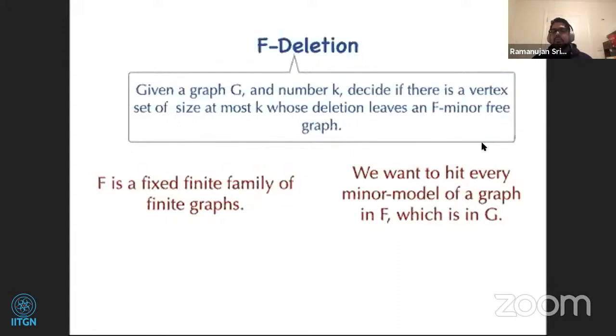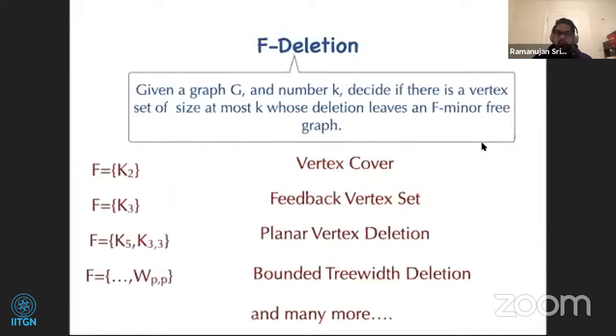In the F deletion problem, you're given an undirected graph G and a number k, and the question is: is this graph k vertices away from being F minor free? So can you delete at most k vertices so that the resulting graph does not contain any graph in F as a minor? Now, this abstract problem is very fundamental in this area, primarily because it can be easily seen to generalize many well-studied problems.